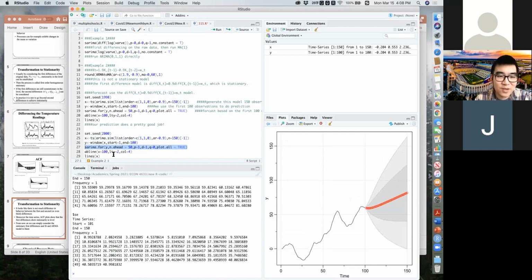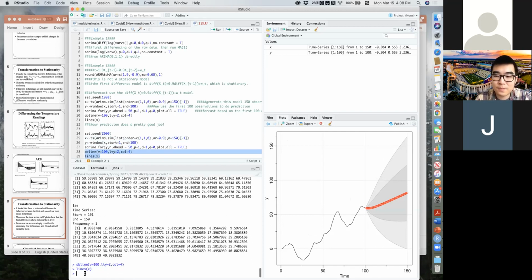However, let's check our true data. You can see this black line is our true data, and it is very different from our prediction. Our true data has a decreasing pattern, but our predicted data, this red dotted line, has a clear increasing pattern.